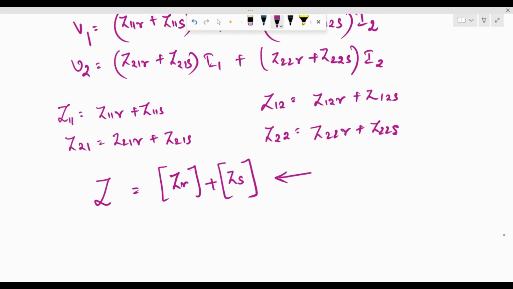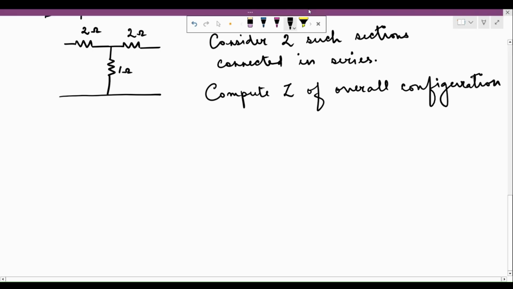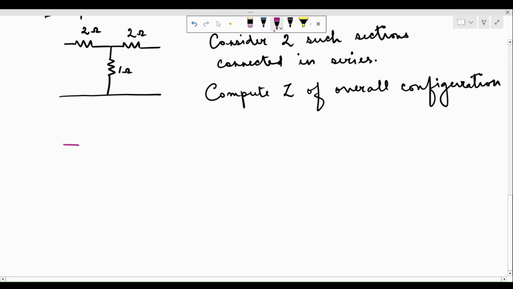Let's apply this concept to a numerical problem. So this is the problem that we've been given. This is a section which has to be connected to an identical section just like this in series with each other. So effectively it should appear in this manner. So we have this 2 ohm, this 2 ohm and this 1 ohm connected with this section in series.